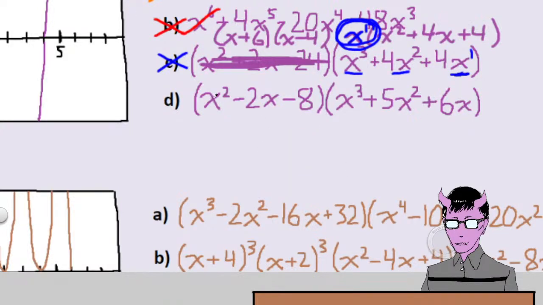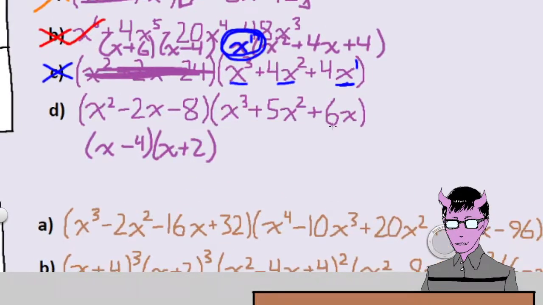So is choice D consistent? This one factorizes into x minus 4 plus 2. Oh, we can only factor out an x from each of those, so times x, divide by x, divide by x. Now this part isn't totally necessary since this is only degree 1, but just to be complete.